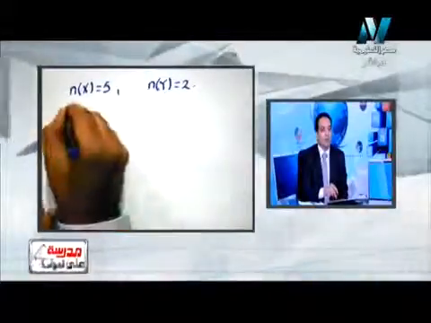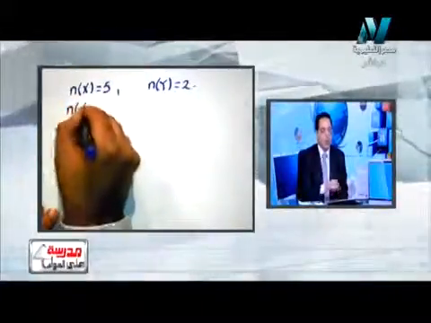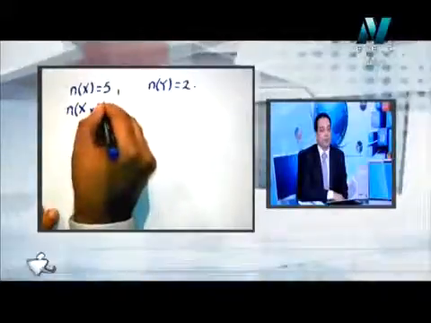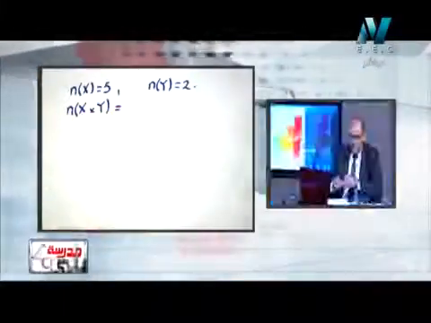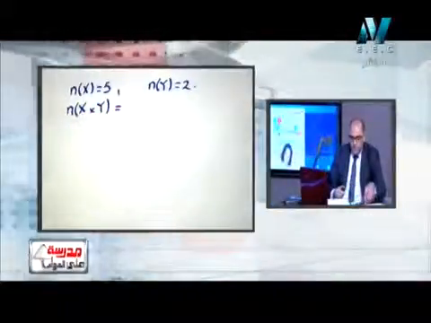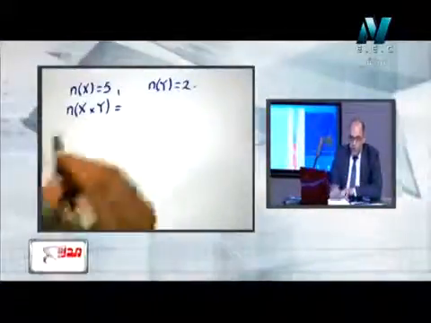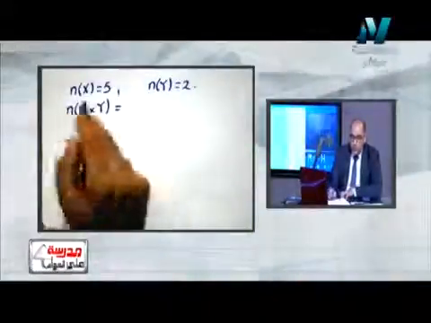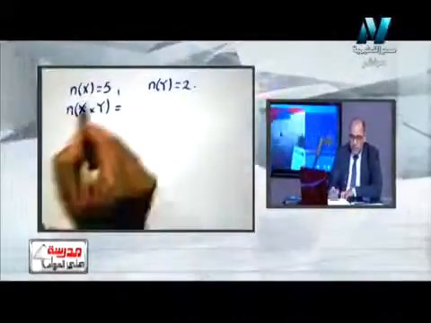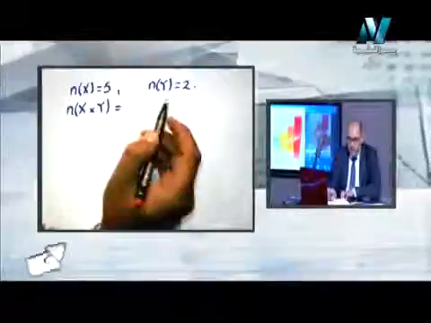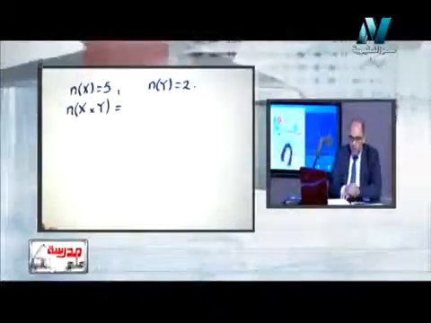As we said, we have an important note here, which is that the number of elements of the product of two sets equals the number of elements of the first set times the number of elements of the second set.